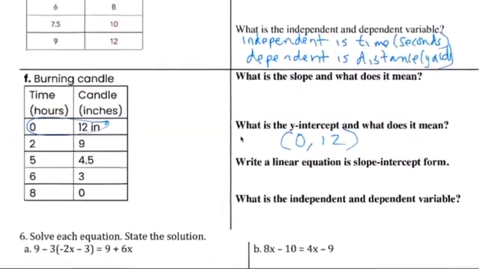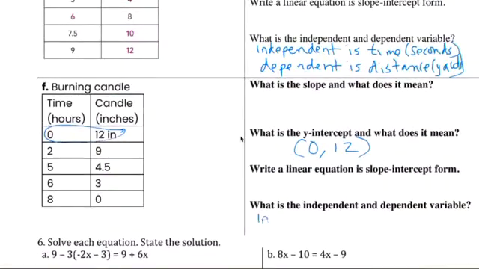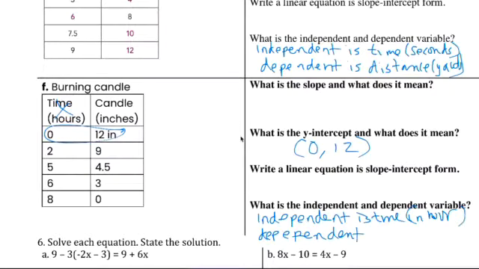The independent is x, time in hours, and the dependent is the candle in inches.